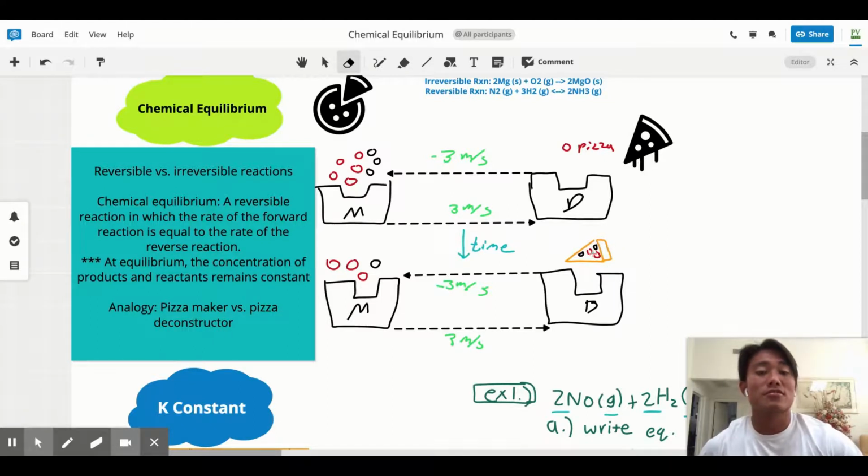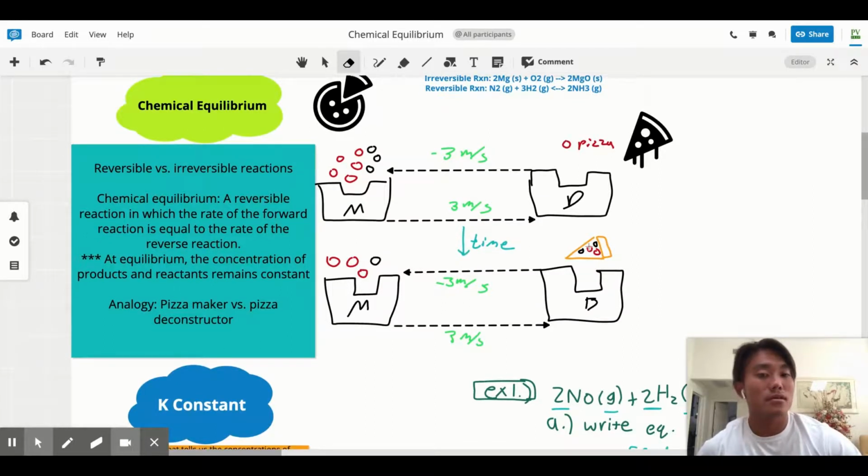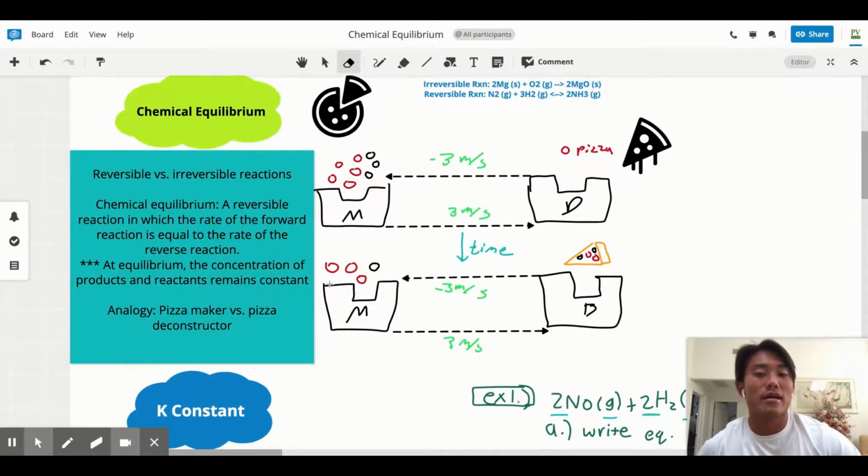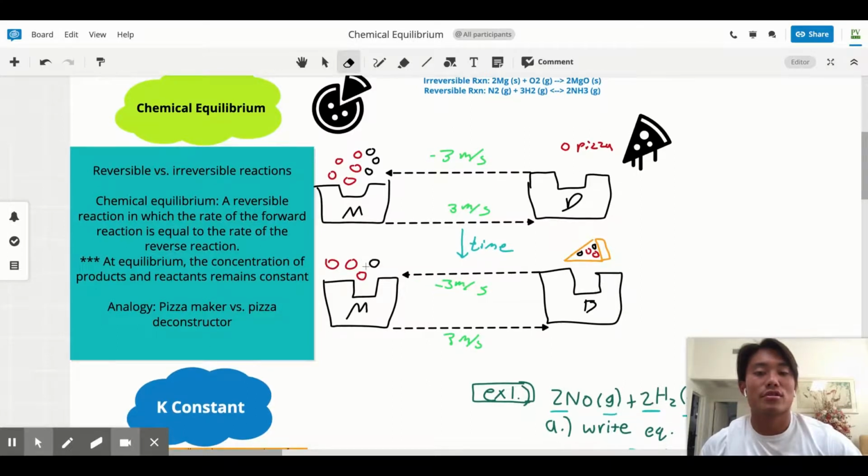And when I say a constant concentration, I mean this is in a dynamic equilibrium in which these ingredients here are constantly turning over into this pizza, and this pizza here is constantly turning over into these ingredients, right? It's not at a standstill, but overall, in the big picture, you're going to have a constant concentration of 3 to 1 to 1.